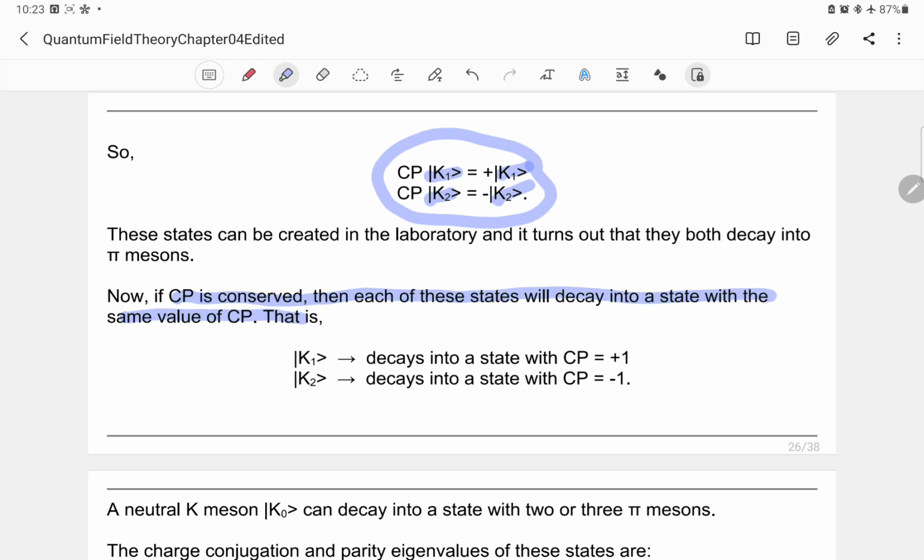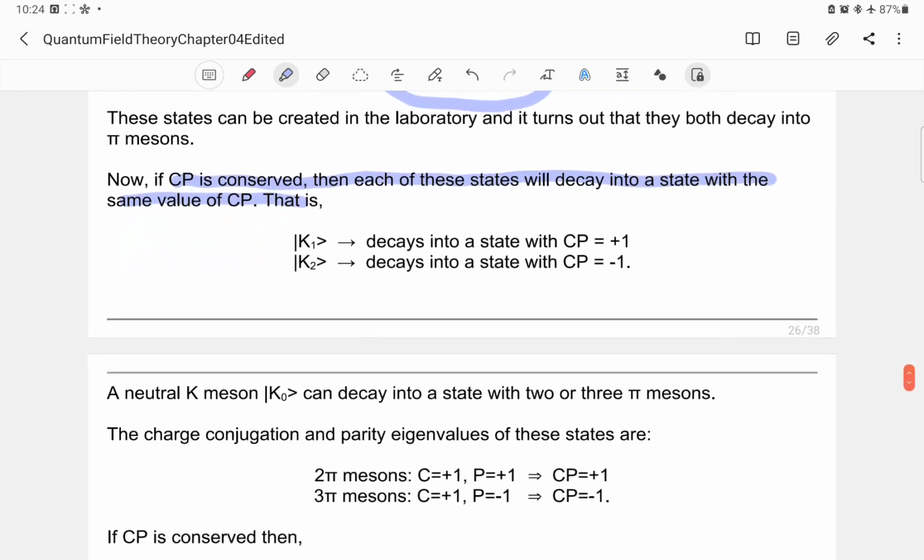So if CP is conserved, then each of these states will decay into a state with the same value of CP. That is, K1 decays into a state with CP equals 1, and K2 decays into a state with CP equals -1.